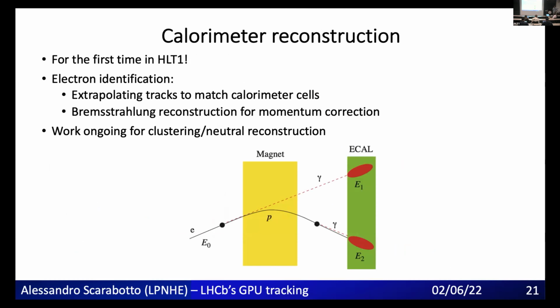What I can tell you is that we can reconstruct correctly the Bremsstrahlung photon for 50% of the electrons we have before the magnet. Of course, if you are after the magnet, the photon will be exactly in the same cluster, in the same position in the calorimeter.